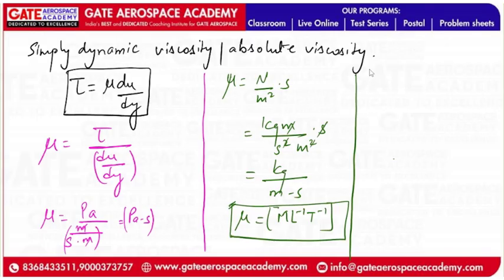Also, if I want to describe it, it can be written as tau upon 1.